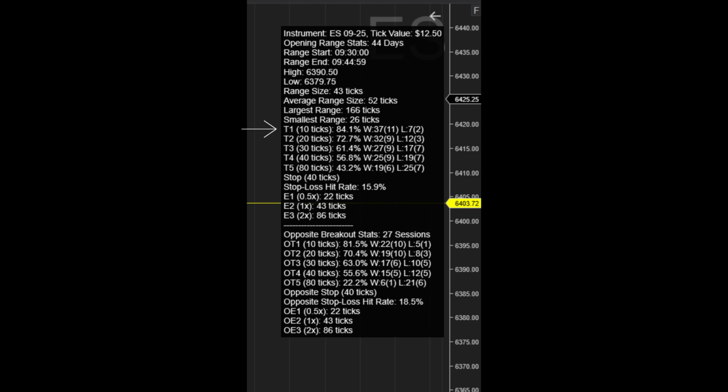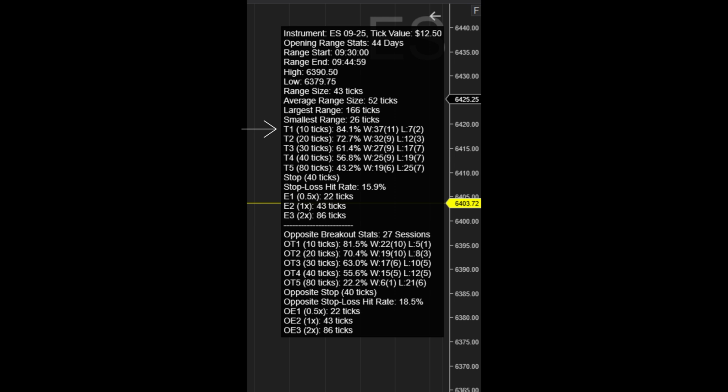The next thing down in our stats is we have a bunch of synthetic targets. I give you 5 targets that you can set to whatever you want, and also a stop loss. And this is going to give you historical data as far as which targets won compared to the stop that you are using.